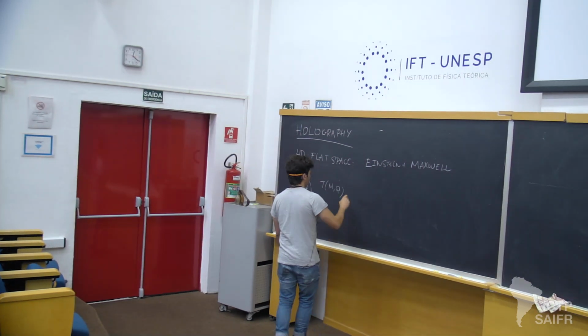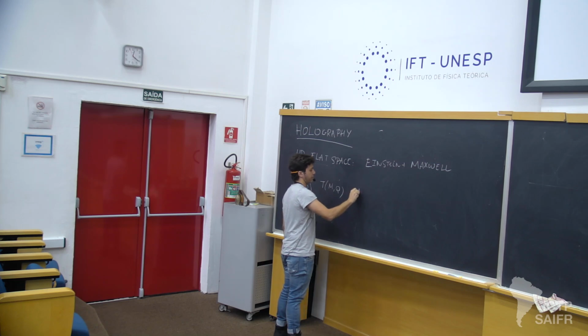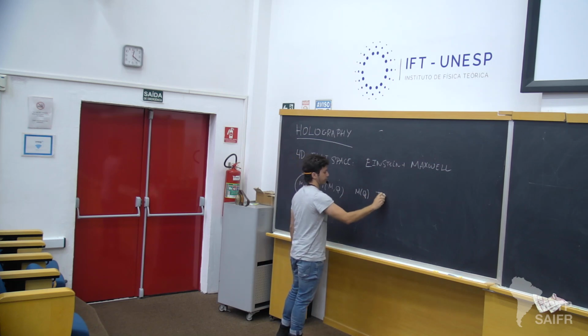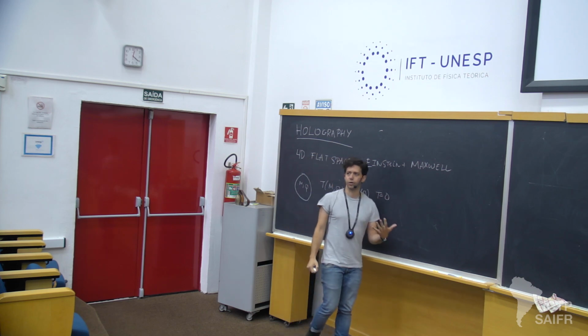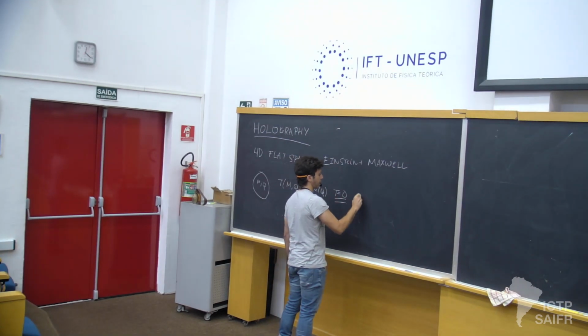And of course, I didn't prepare any of these formulas. As you know, there is a function where m becomes a function of q, for which the temperature equals 0. This is called the extremal black hole.